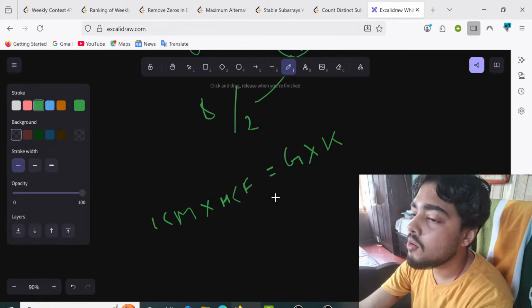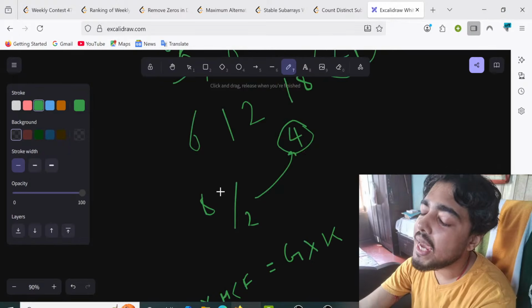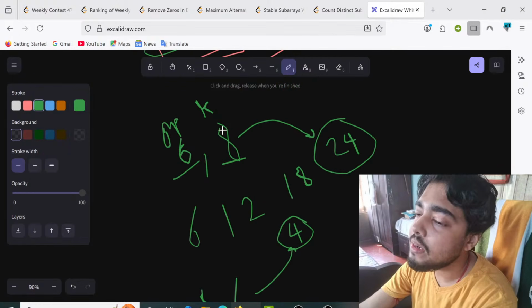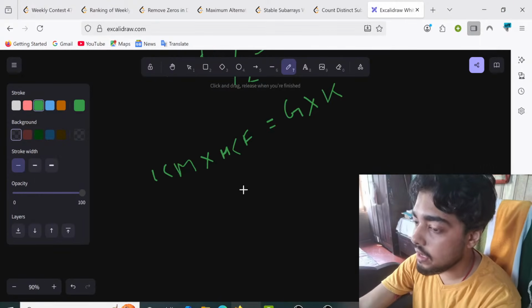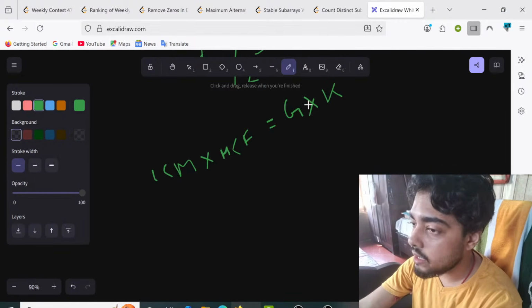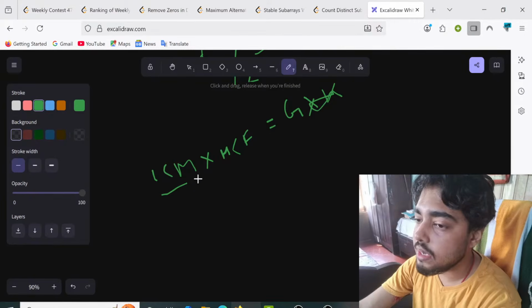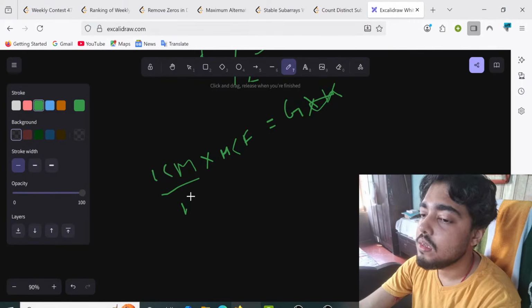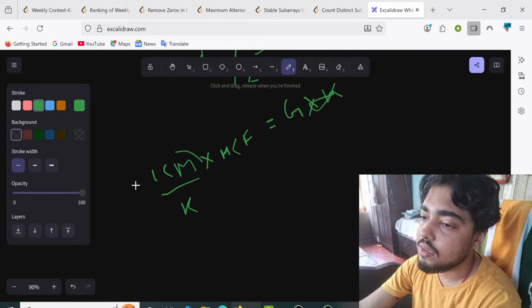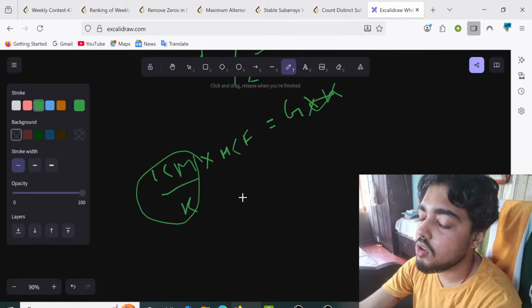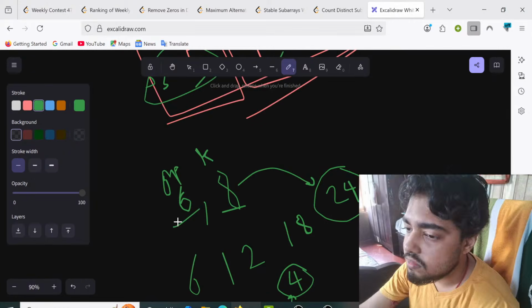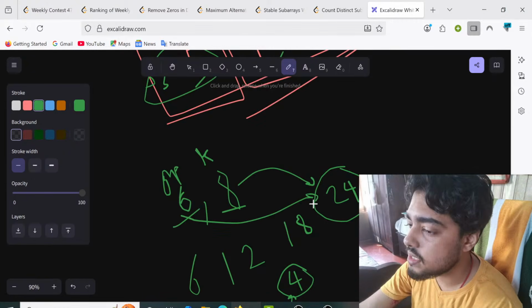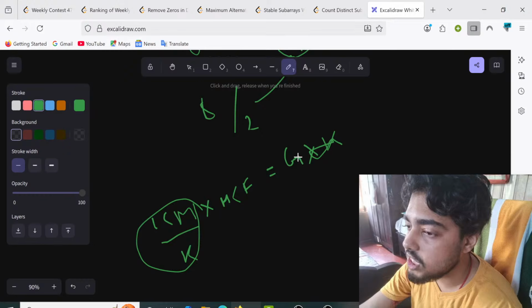Now that you know G into K, how many times will this happen? This will happen 24 by 8, right? That is LCM by K. So I can remove this K and put it over here. LCM by K times. This is what I need, right? Sorry, my mistake. Not K. 6, right? How many times did we need 6 to get 24? So LCM by G, rather, okay?